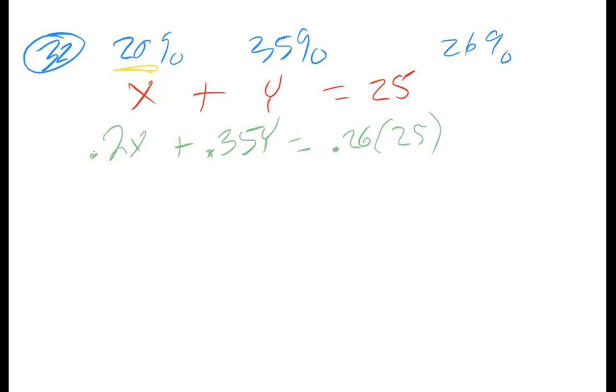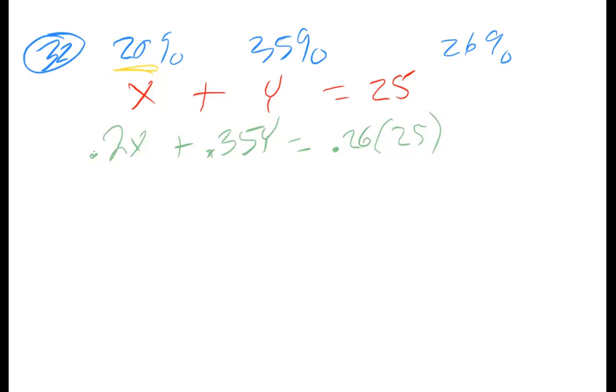This deals with the rates or the concentrations. So what's meant by that first part is 0.2x. That means that 20% of that solution is acid, right? I don't know how much I'm going to use, so that's why I replaced it with X. Same thing with the other one, 35% of that other solution is acid, and this is our desired amount.